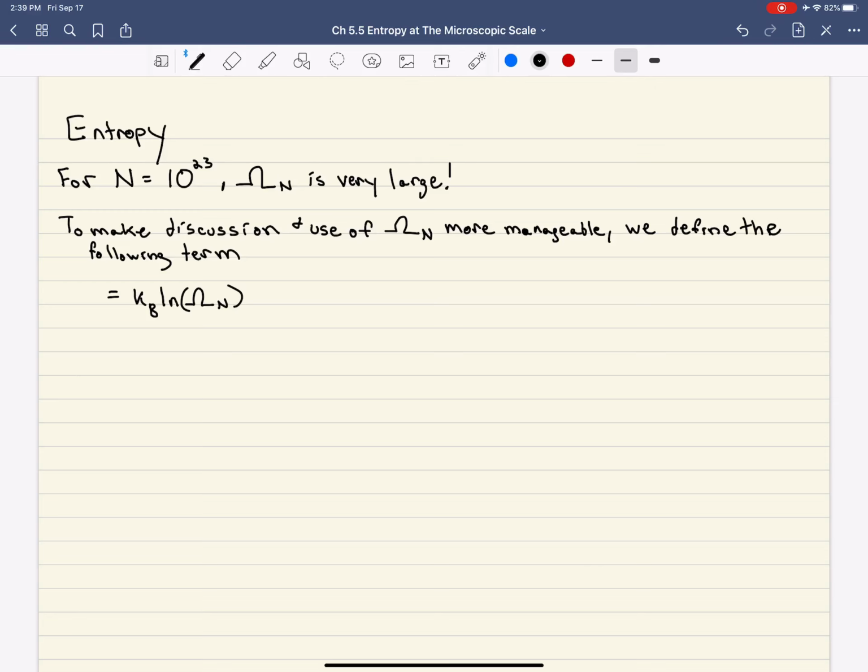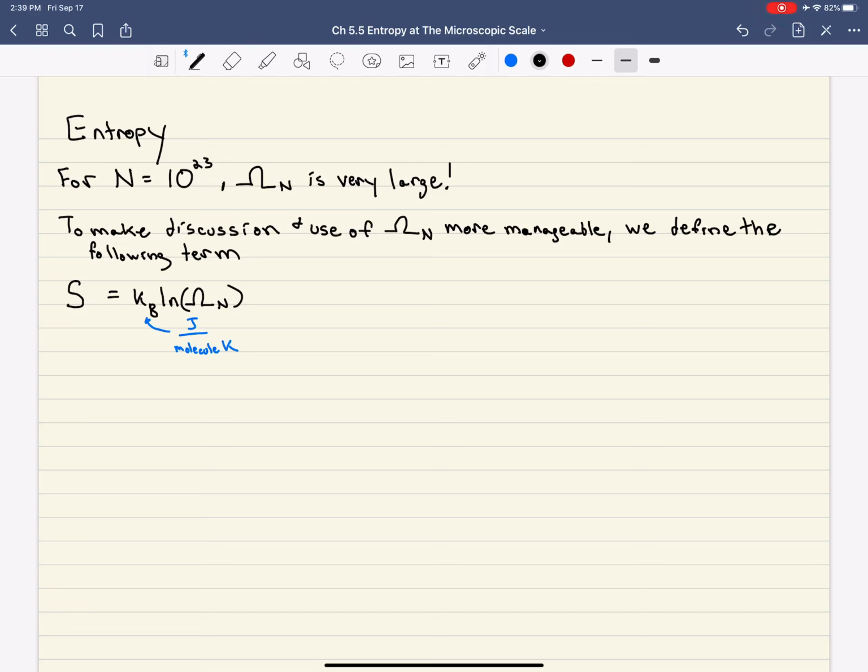I'll talk more about that in a bit. Boltzmann's constant here just has units of joule per molecule per Kelvin. Okay. All right, and so this very simple equation, Boltzmann's constant times the natural log of the multiplicity, we're going to call this S.